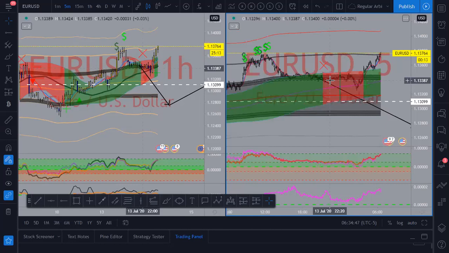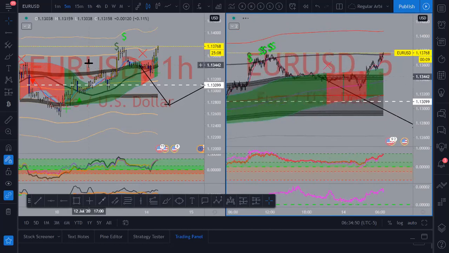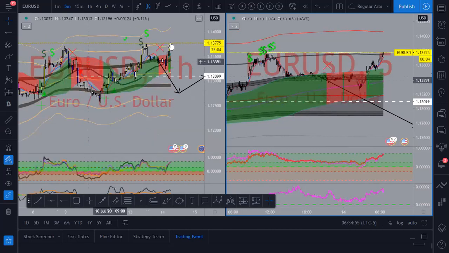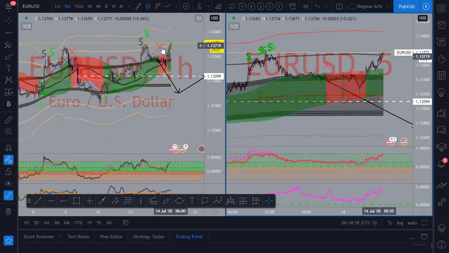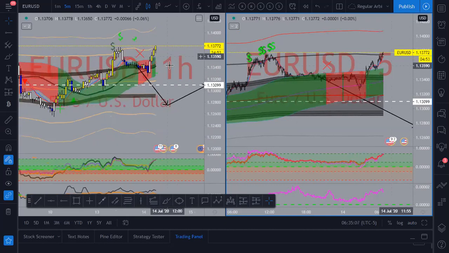But I'm not really super duper bullish on EU. Although yes, it is showing buys, I want to see what it does here. I want to see what type of price action, or if it's going to keep going higher or not before I make that decision. All right. So any questions on EURUSD?